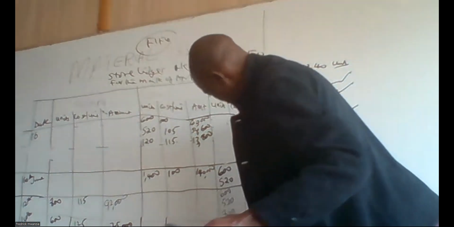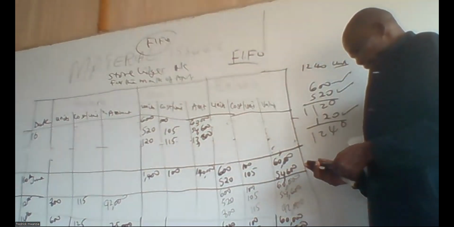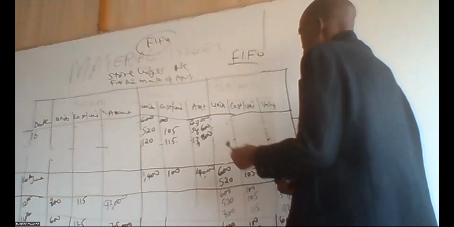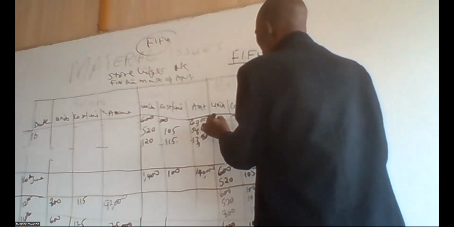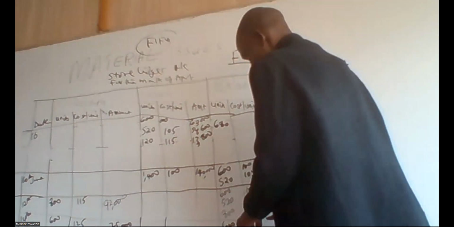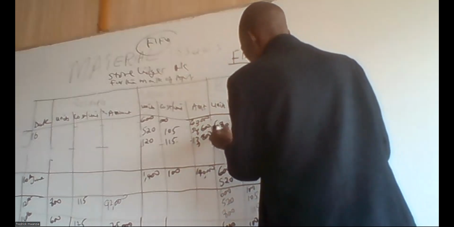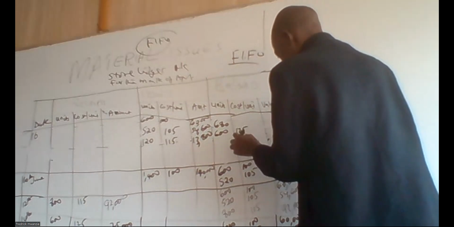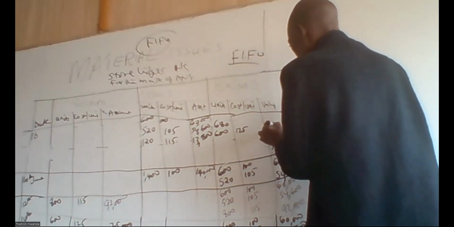Therefore, for the balance, we are remaining with 800 minus 120, so we are remaining with 680. The balance here will be 680 of this and 600 of the last one. So we have 680 at 125, that is 75,000.